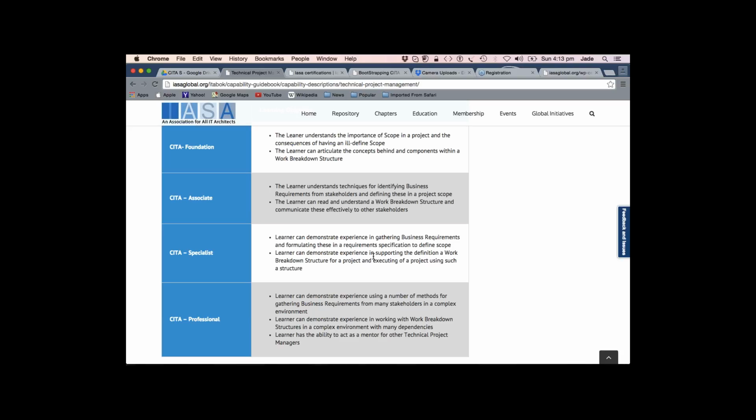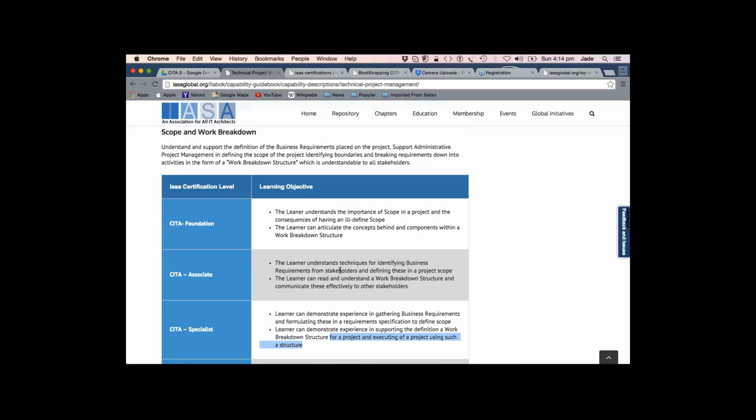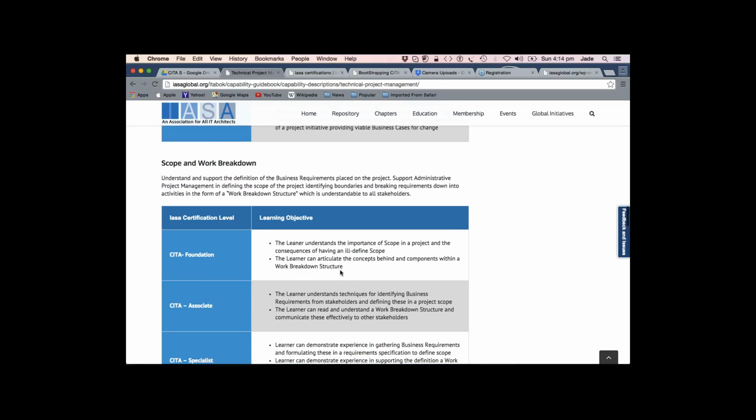You're monitoring it, and then you subsequently map them, evaluate them, and come out with supporting help from the architect as to what exactly needs to go into the CRM project for execution. So that is an added thing for your CITA.